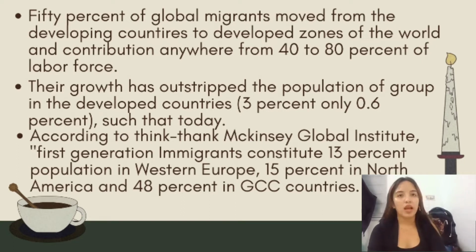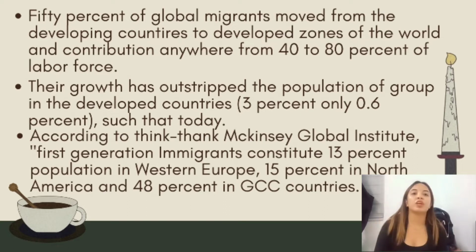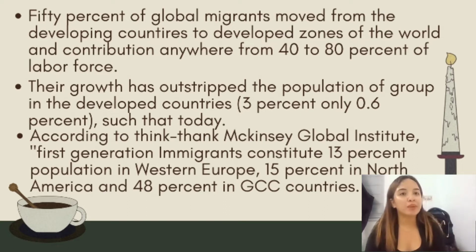Their growth has outstripped the population growth in the developed countries: 3%, remember this, versus only 0.6%. According to the think tank McKinsey Global Institute, first-generation immigrants constitute 13% of the population in Western Europe, 15% in North America, and 48% in the GCC countries.